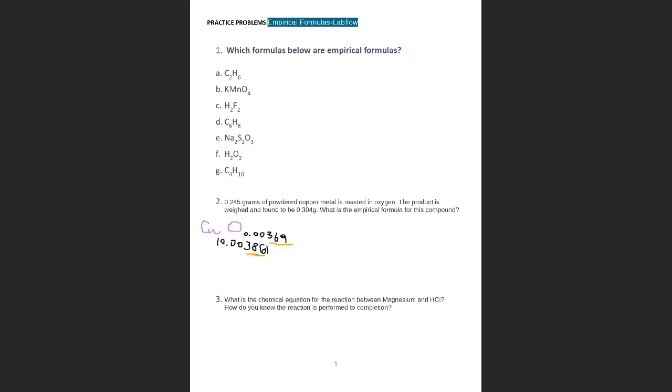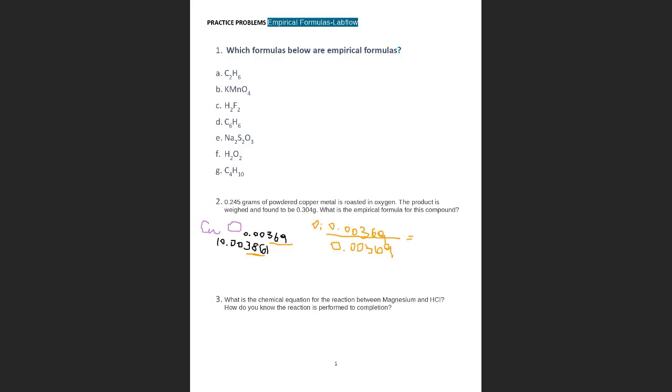So I will pick the smallest number, which is 0.00369. So for oxygen, I will take 0.00369, the number that I obtained, and divide both by the same number. In this case, I will divide by 0.00369.